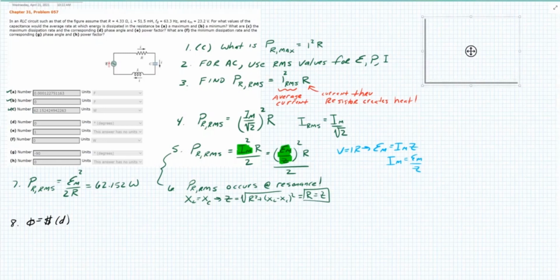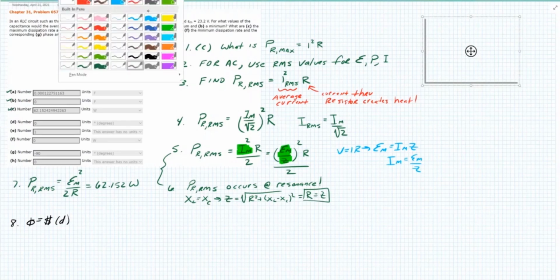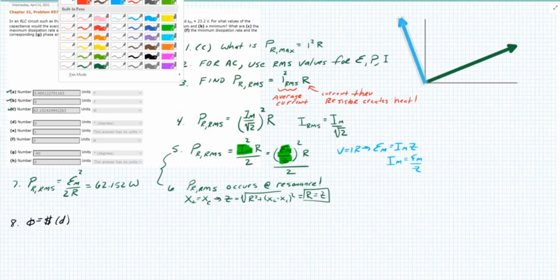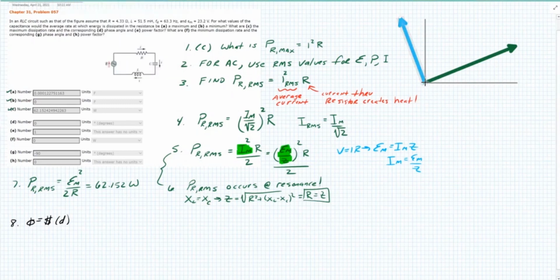All right, so I'm just going to run through this maybe perhaps a bit quicker than last time. This is my voltage drop across the resistor at some arbitrary moment in time. This is the voltage drop across my inductor, Eli the Iceman. This is my voltage drop across the capacitor, like that. And let me label this.